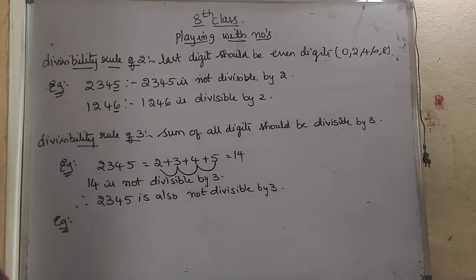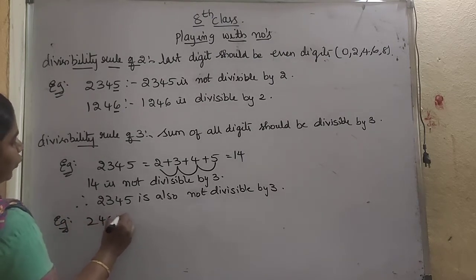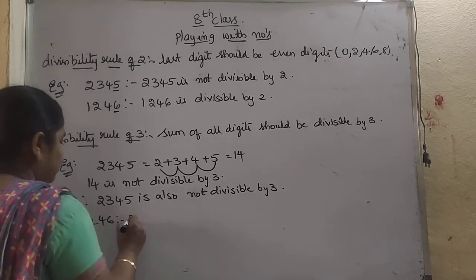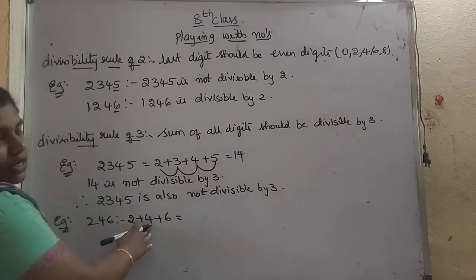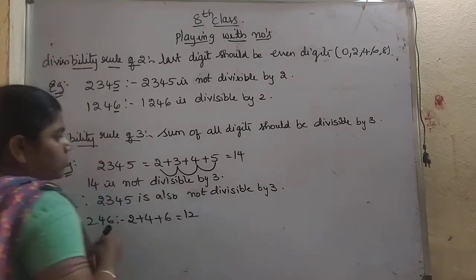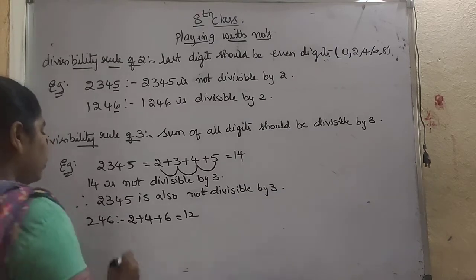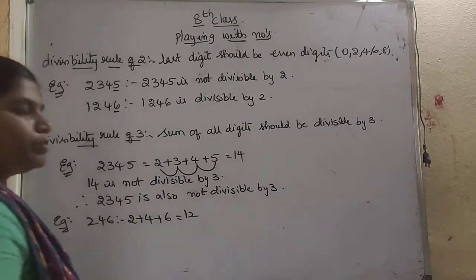So one more example we will take. I am taking 246. We have to check whether this 246 is divisible by 3 or not. So add all the digits: 2 plus 4 plus 6. 6 plus 4 is 10, 10 plus 2 is 12. Is 12 a multiple of 3? Yes, 12 is a multiple of 3. So you can say the whole number is also divisible by 3.